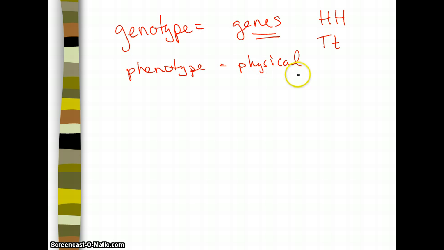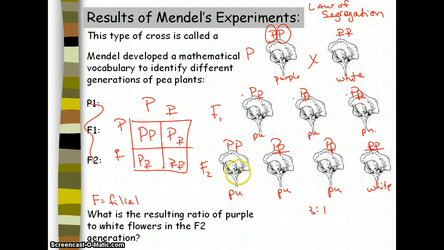The physical expression of big T, little t is tall. If you go back and look at the previous slide, for this particular flower, the phenotype is purple. The genotype is big P, big P. So that's how you use those terms.